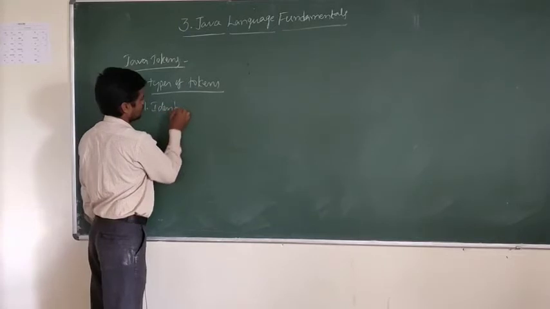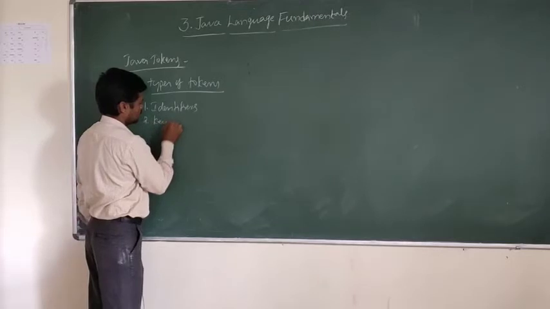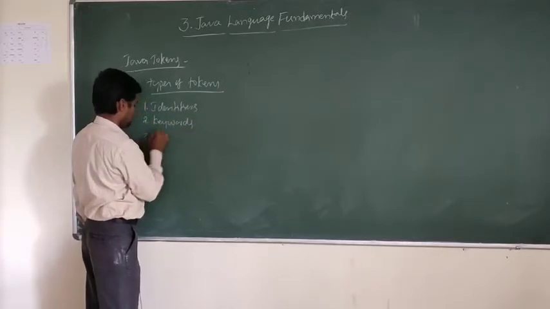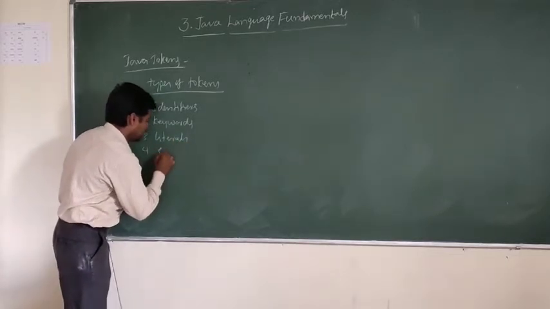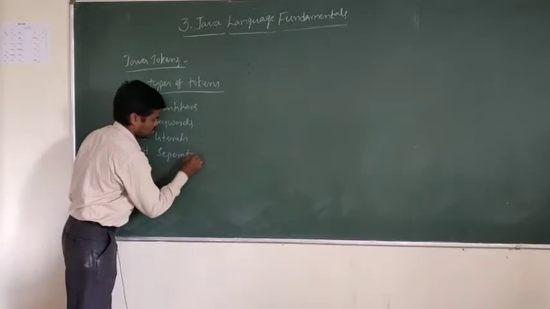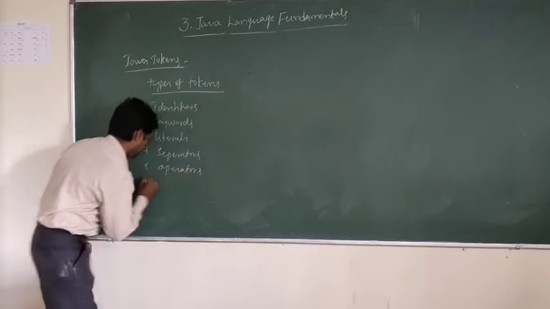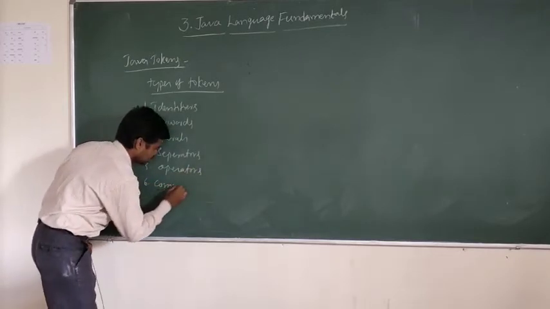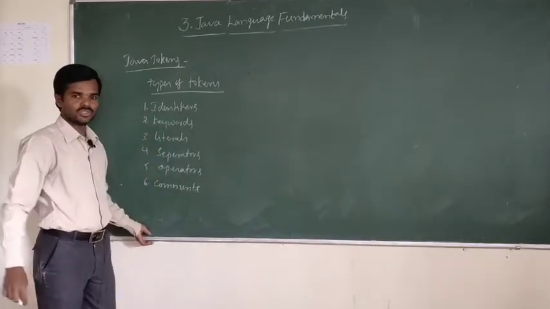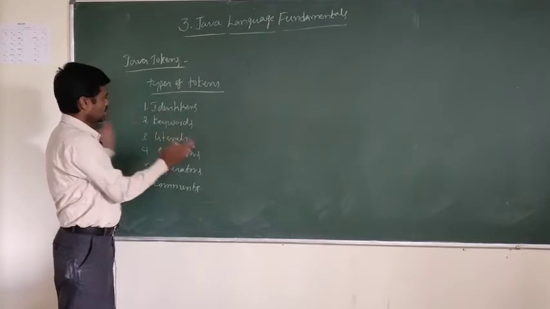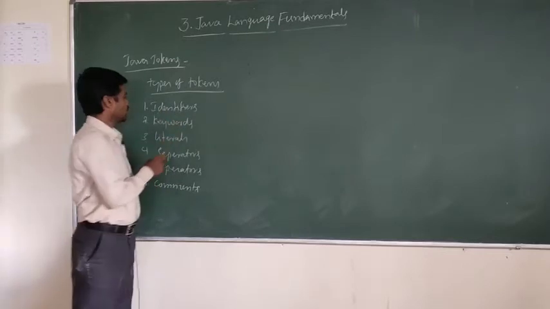Identifiers, keywords, literals, separators, operators, then comments. These are the types of Java tokens. All these tokens are used in Java programs. These tokens are divided into sets of symbols, and that is called tokens. So we'll see them now one by one.